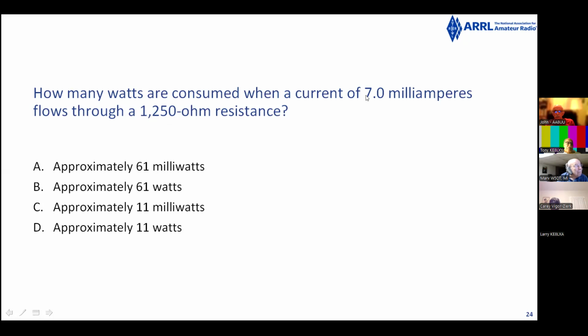That'll give you 8.75 volts times 7 milliamps, right? I need my calculator here. 0.007, 61 milliwatts. I think that's right.